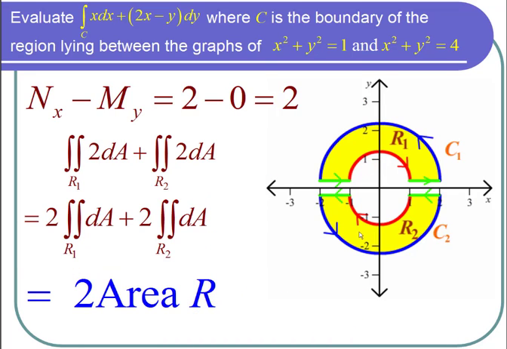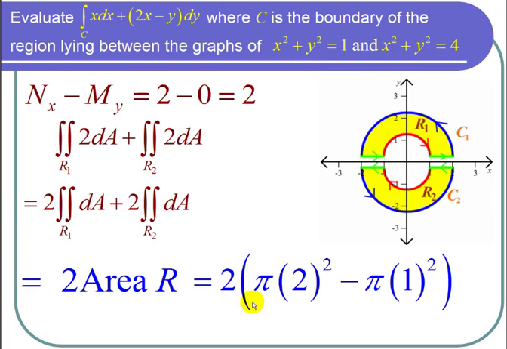And the total region is this annulus, or this ring, and you can find that by taking the area of the outer circle and subtracting the area of the inner circle. So we still have the 2, and that's pi r squared.